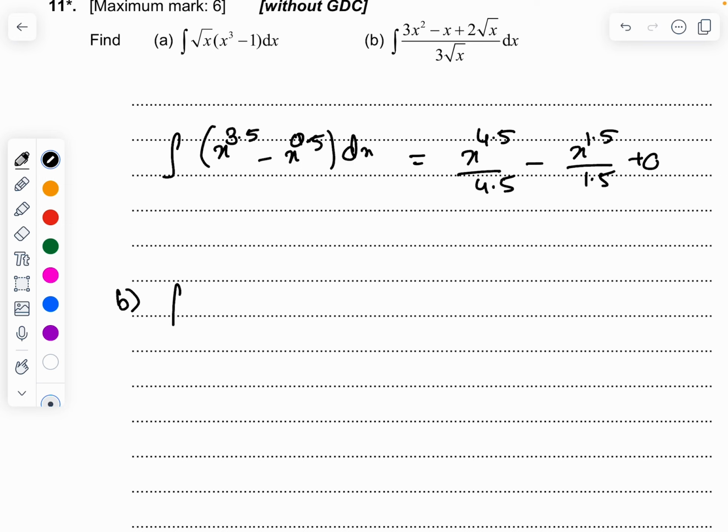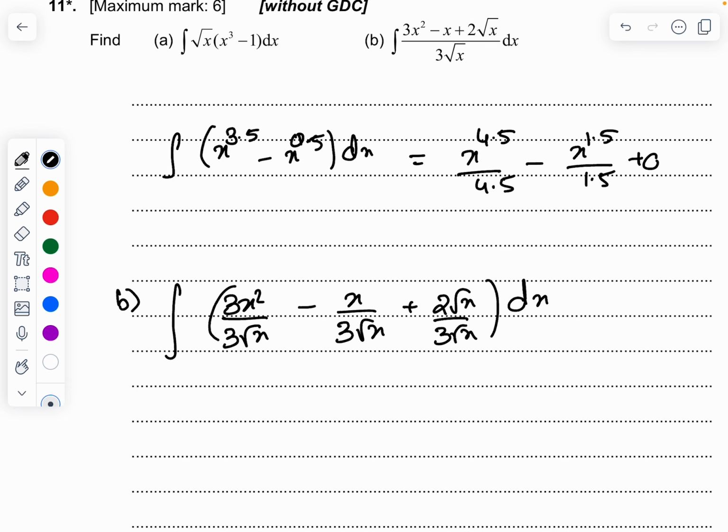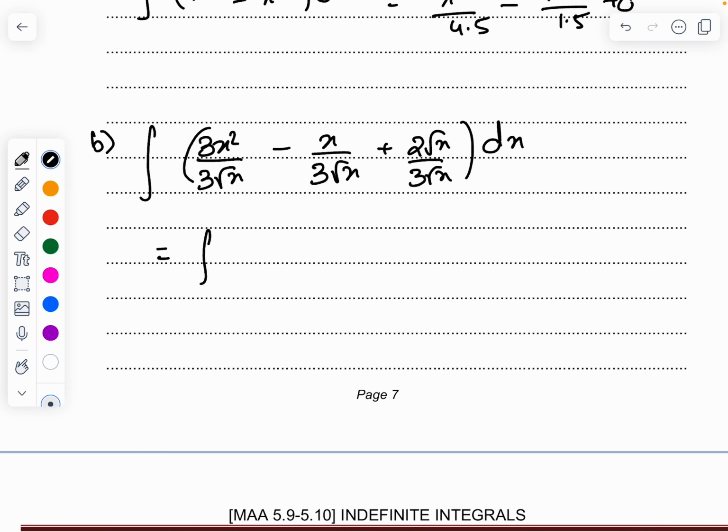For part B, the integral of 3x squared upon 3 root x minus x upon 3 root x plus 2 root x upon 3 root x dx. So 3 cancels. It becomes x power 2 minus 1 upon 2, which is 3 upon 2, minus 1 upon 3 x power minus 1 upon 2, plus 2 upon 3 dx.